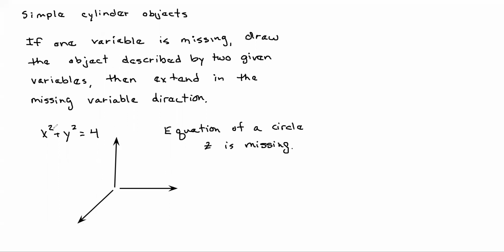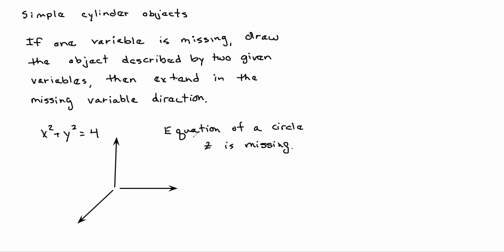Okay, so first of all, when you go through and draw it, that might be the first spot where you're like, wait, where do I draw it? When you have this missing variable, what I usually do is I draw it on the plane of the two variables that are given. So I'm going to draw it on the xy plane. Technically, you don't have to do that. You could technically draw it for any z value. But I'm basically drawing it for the z value where z is 0.